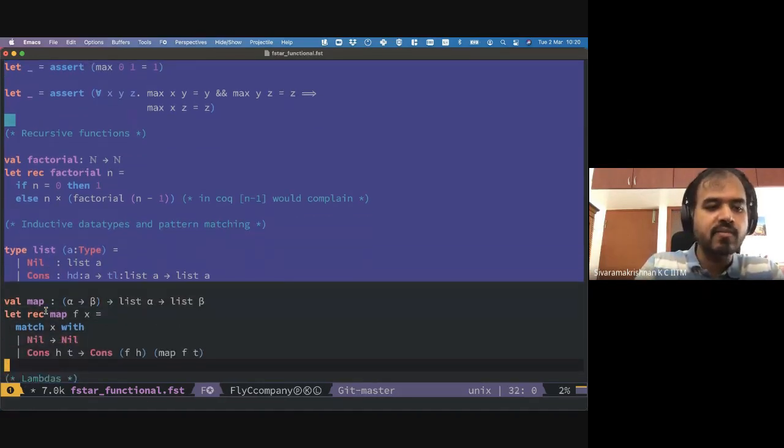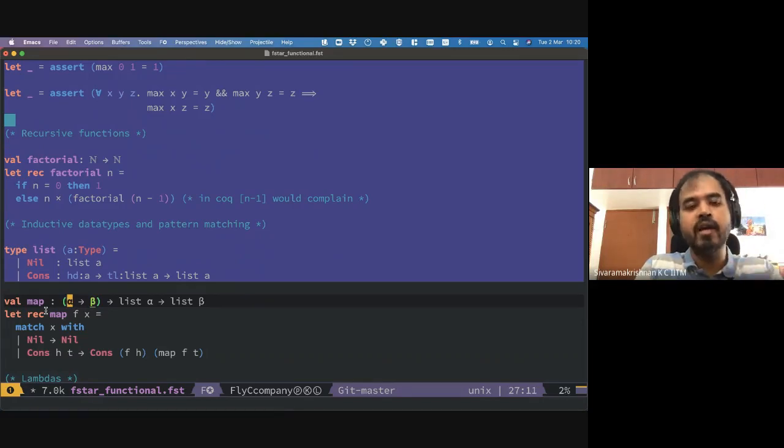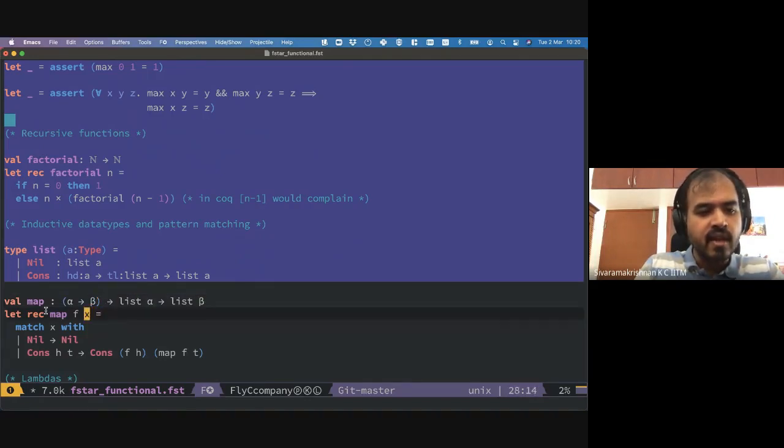We can write recursive functions, right? So we can write recursive functions as we would. So here is a map function that takes a higher order function f that goes from alpha to beta, right? When you see an alpha, it's basically a quote A, and beta is quote B. So it takes a higher order function that goes from alpha to beta, takes a list that is a list of alphas, and it returns a list of beta, right? And it pattern matches the list. If it is null, you return null.